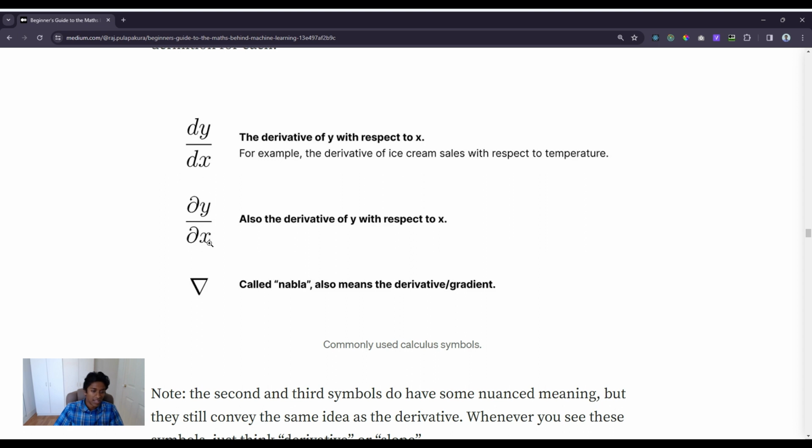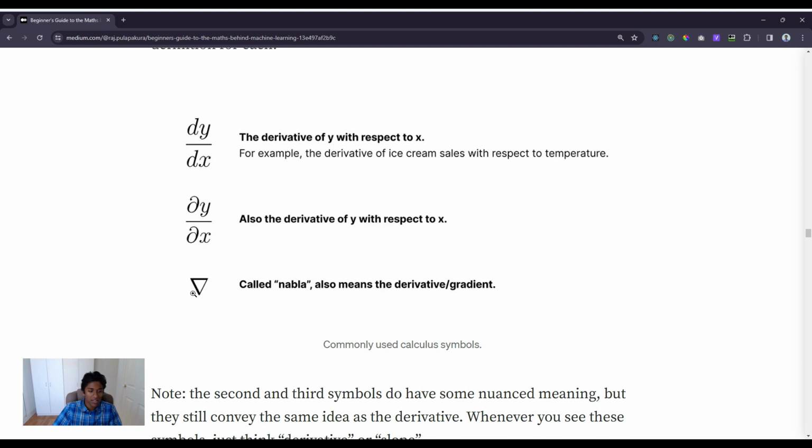This second symbol is also the derivative, but it's called a partial derivative. So it's for something called multivariable functions, which is just a function with multiple inputs. And you can treat this as the same thing as dy dx. You might hear it being said as partial y partial x. But again, it's the same thing as the derivative.